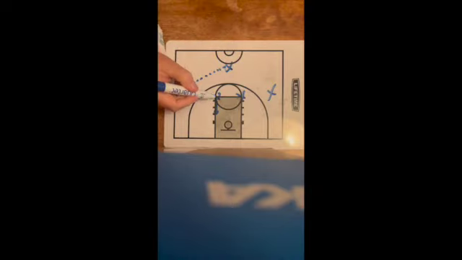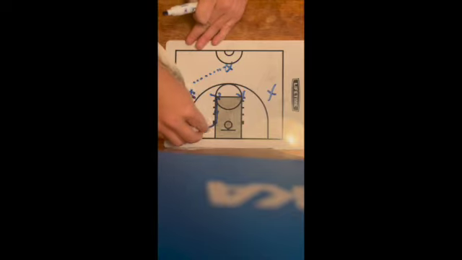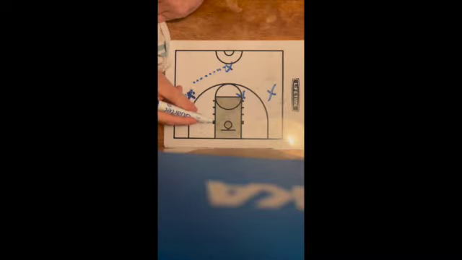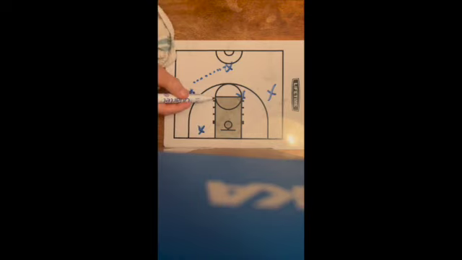If this post is not open, they come down to the block and then they pop out here to what's called the short corner, okay? So then a reset of that would end up looking like this. The person has crashed down and they pop out to the short corner. Once this person starts crashing down, and not before, then this post will slide over.